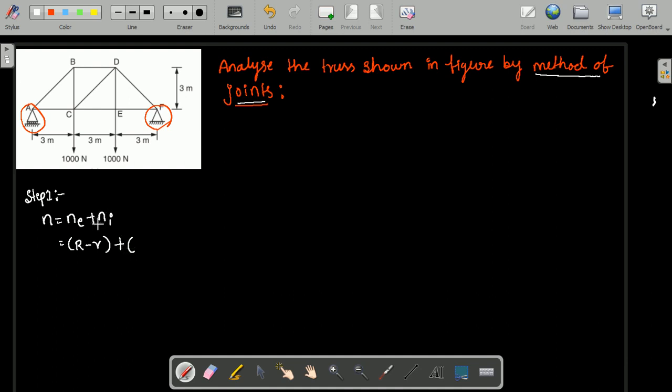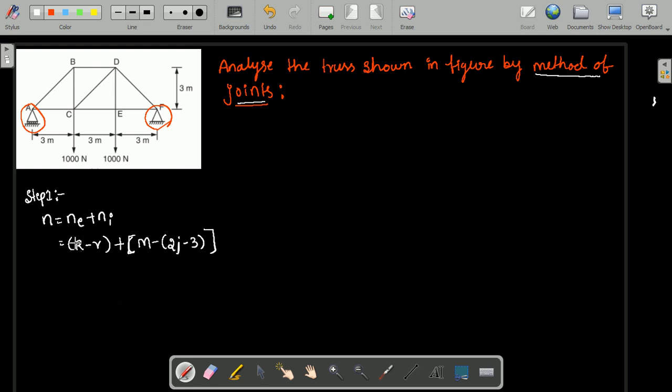Internal indeterminacy is m minus 2j minus 3, where m is the number of members and j is the number of joints.